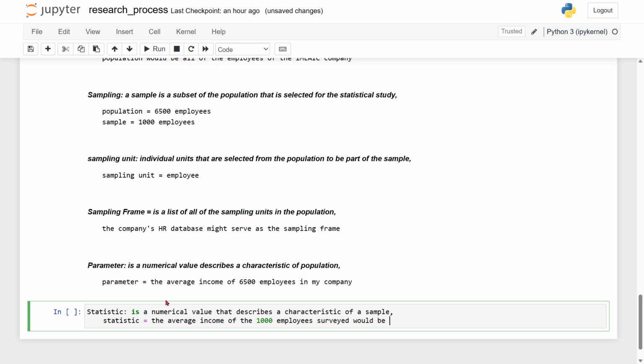That would be a statistic here. Okay, so if you do any statistical analysis and come out with numerical values, those numerical values which came out from the sample are known as statistics.